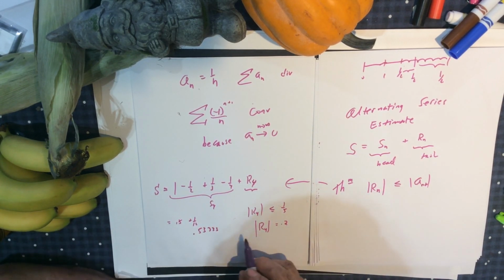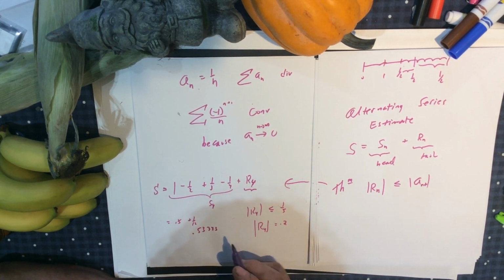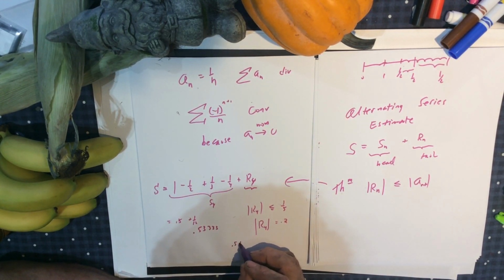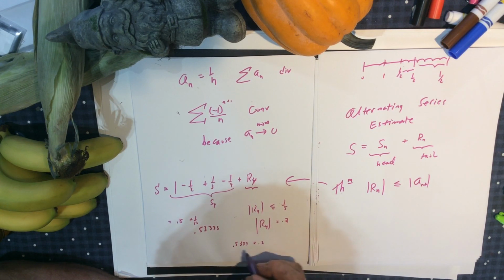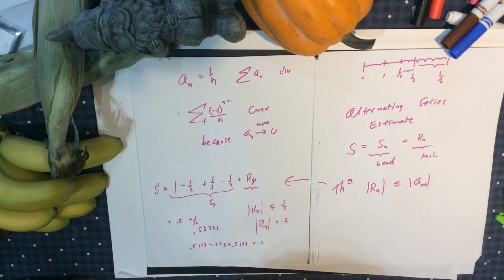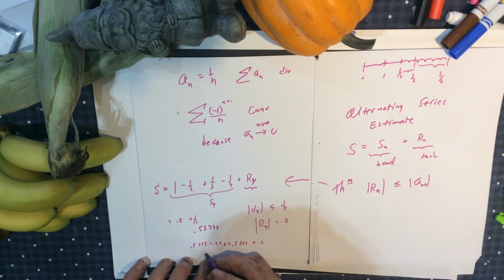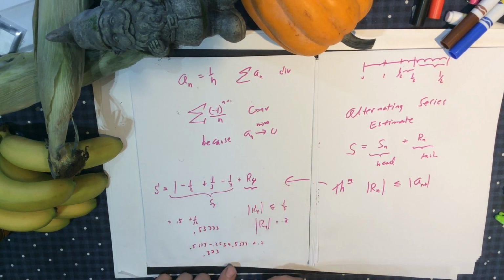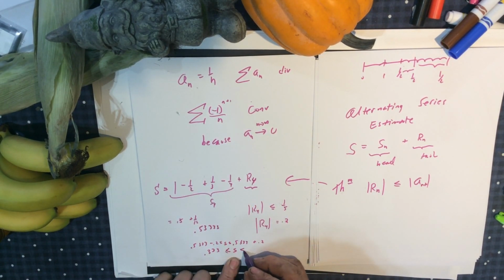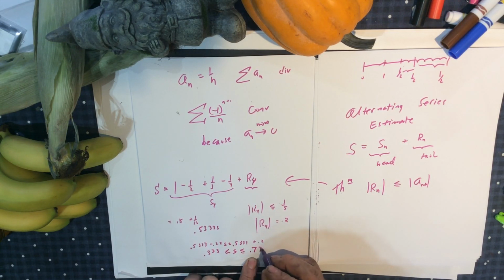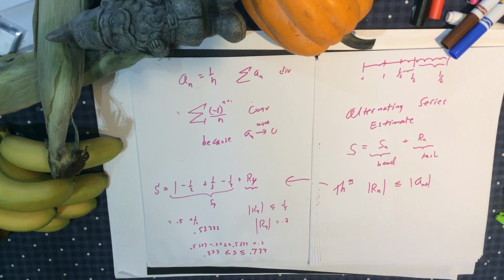Well, I don't know if this is an addition or a subtraction, so I do 0.5833 plus 0.2, and I do 0.5833 minus 0.2, and my sum is somewhere in between there. Now, this is not going to look terribly accurate. It's actually a third up to 0.7. So I don't really have a very good idea of the value at the moment of what S is, but I did very minimal calculation.